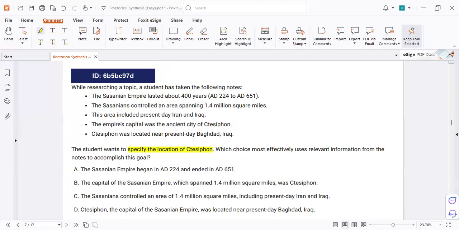It's either D or B. For letter B, it's wrong. Why? Because he didn't mention exactly where. He said here where? Near present-day Baghdad in Iraq. So we know exactly where. But if you said 20 million square, where exactly? So here, clear.